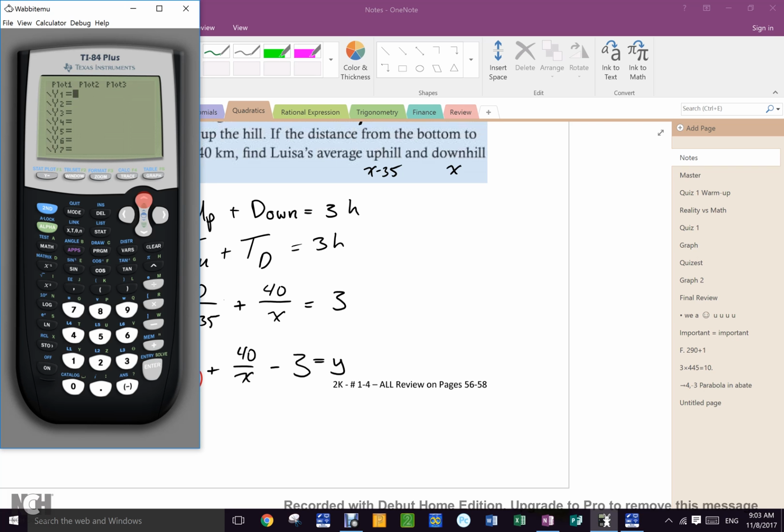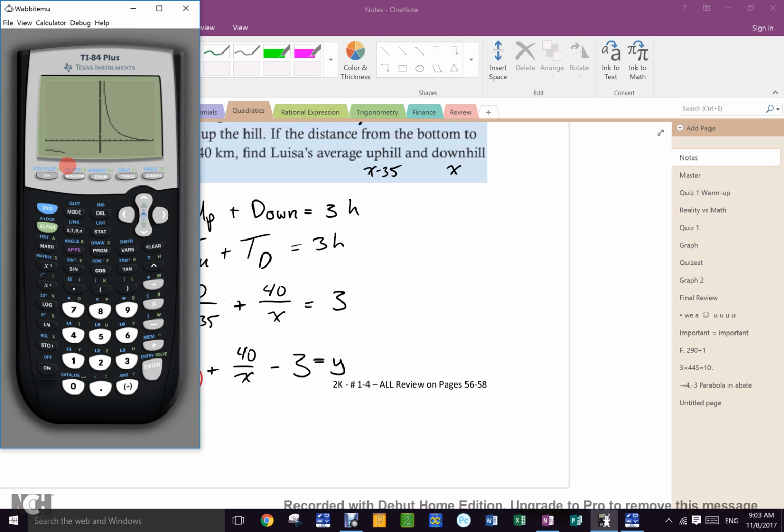The first one is 40 divided by bracket x minus 35, close brackets. Everybody happy with that? Right? Plus, what's the next one? 40 divided by x, right? Then what? Minus, not negative, subtract 3. And then graph.